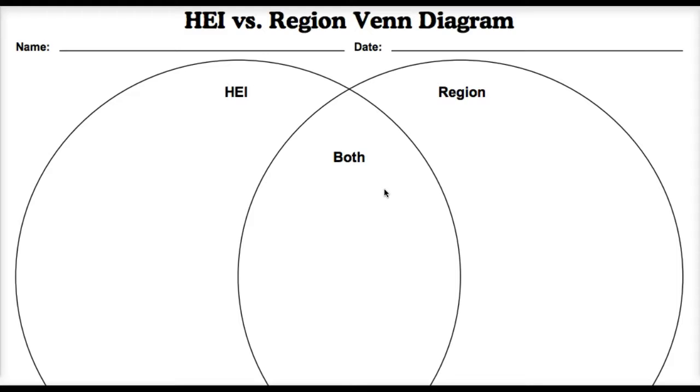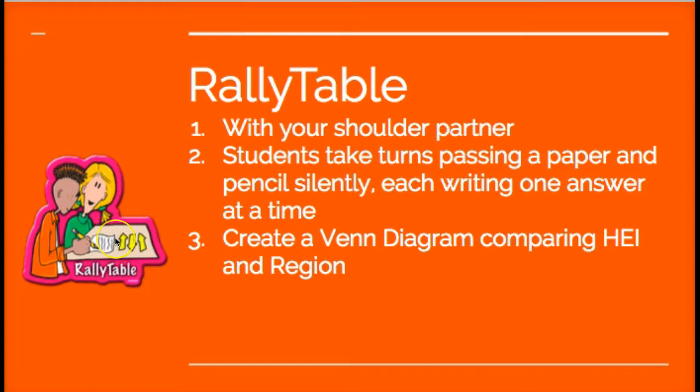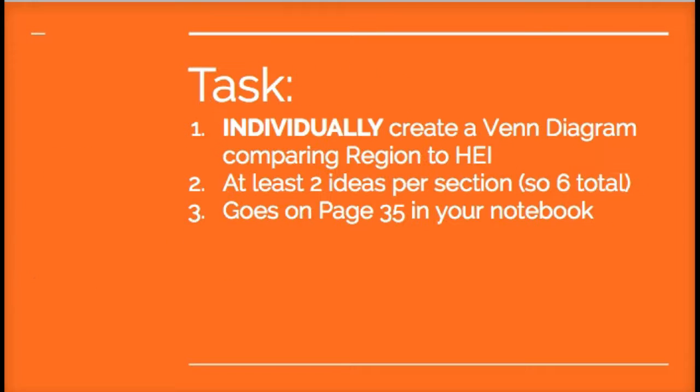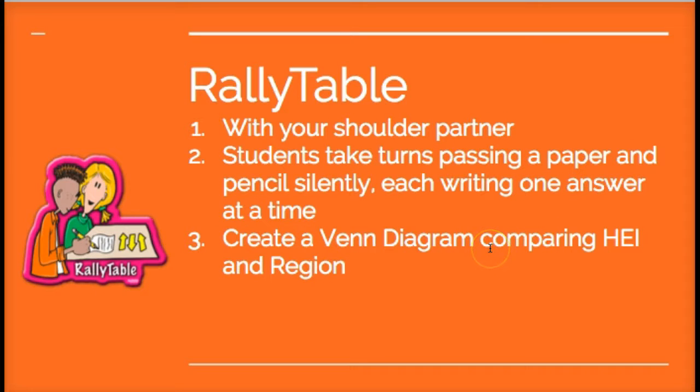Your prompt is that you're comparing HEI and region, those themes. Okay? So here are the requirements. I might know 5 things I could write in HEI. I only get to write 1 at a time though. So remember, write 1, pass. Write 1, pass back. You are going to try to come up with as many as you can because you're going to have an individual task here in a moment. So 1 or 2, not okay.